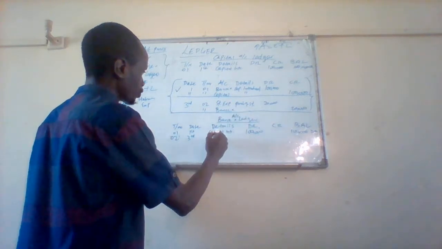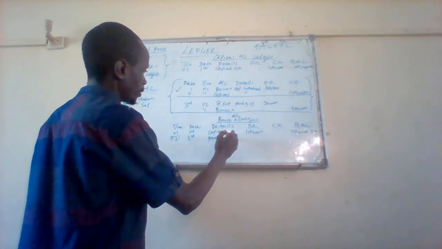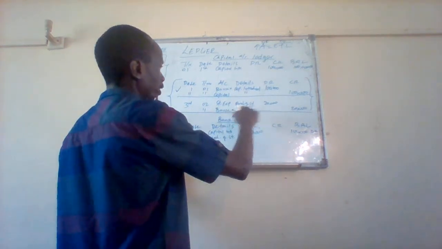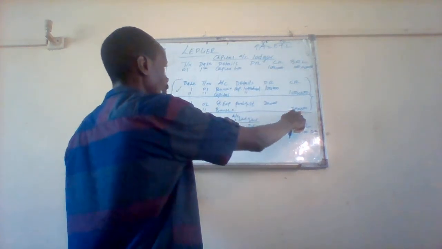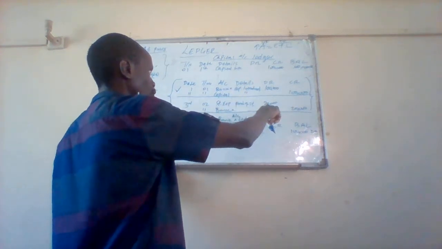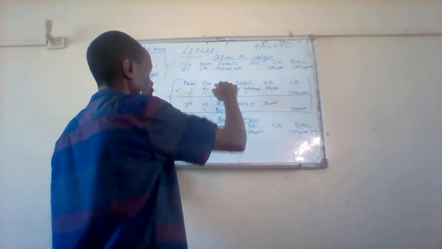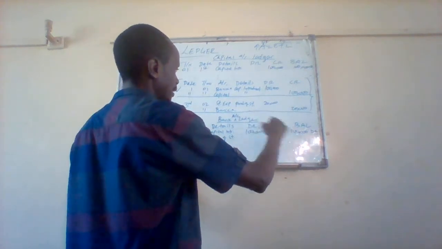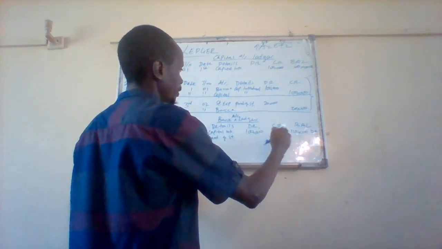Description is purchase of stationery. Now, according to this journal, we were told to credit bank account. When you come here, we will credit it here, which is 20,000.